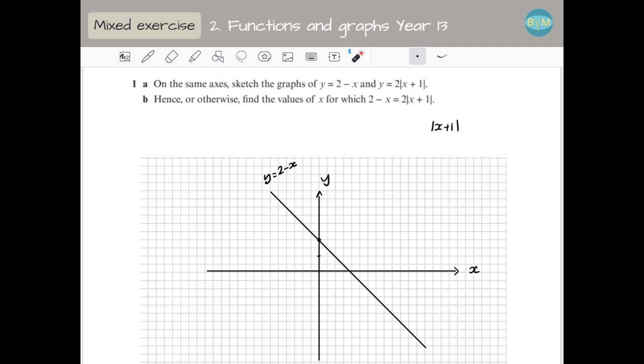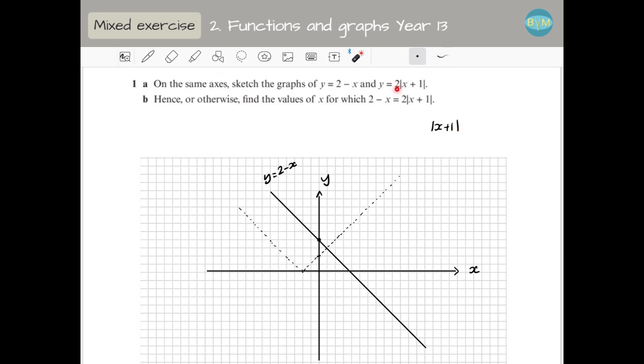So x plus 1 is quite straightforward because it's a straight line, gradient 1. I'm going to draw it like this because we are going to mirror it. It will carry down, but we are not going to draw anything underneath. So we will mirror the negative side. So this one is the absolute value of x plus 1.